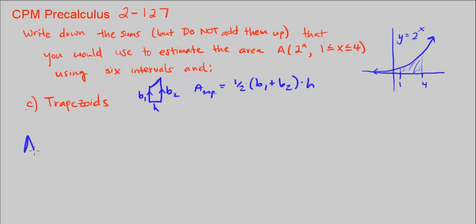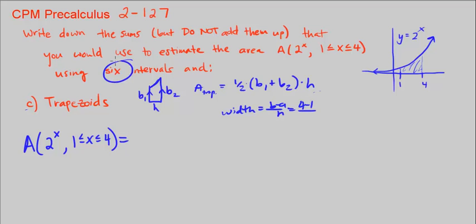So the area then is going to be, that we're looking at, of our function between 1 and 4. Okay, we have 6 intervals. So this distance, this height now, is going to be the width, right? So the width, again, is b minus a over n, which is 4 minus 1 over 6, which is 0.5.